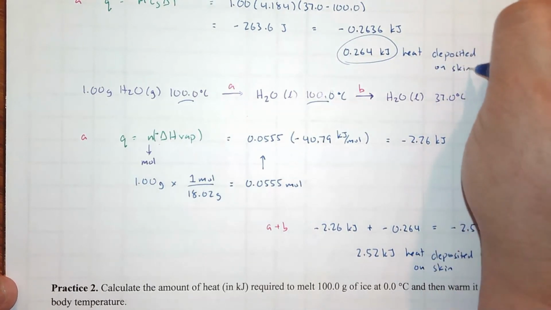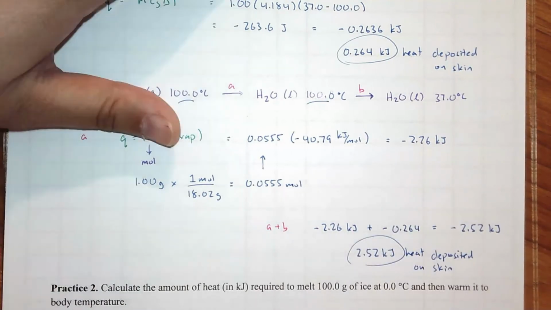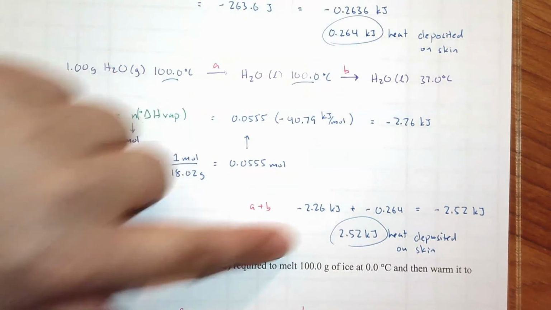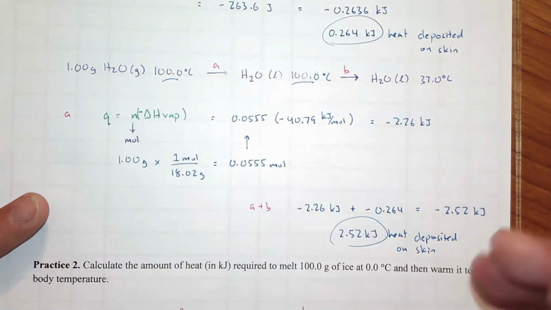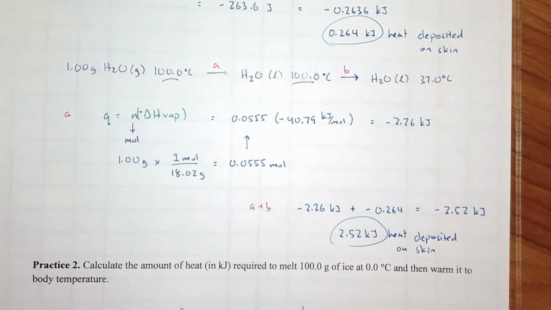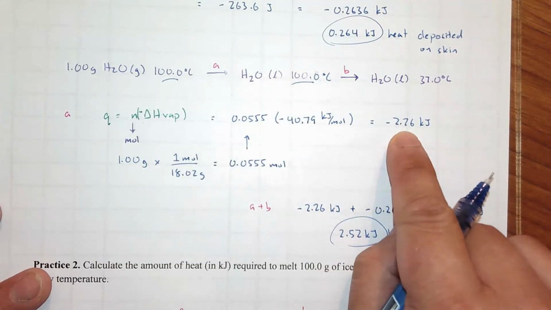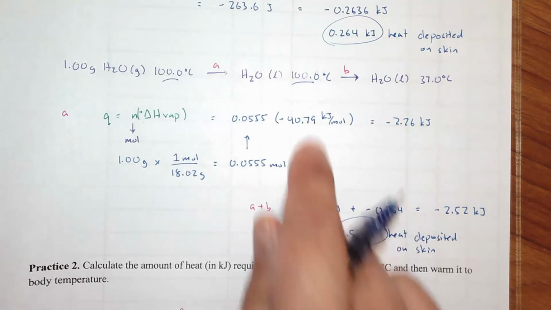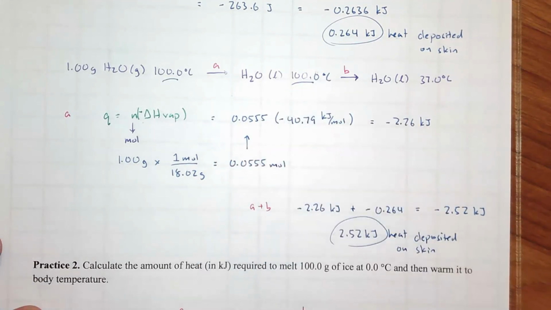And we could compare it to the original. So take a look at that. By making the steam first phase transition into water, that gives off heat. It gives off actually a lot of heat, 2.26 kilojoules. And then it gives off more heat to lower the temperature of that water from 100 to 37.